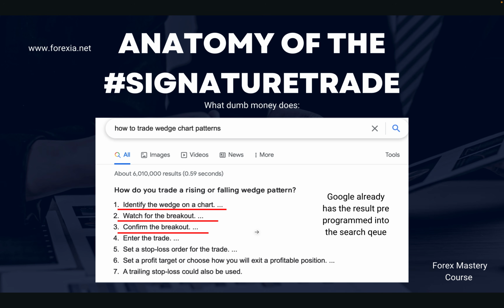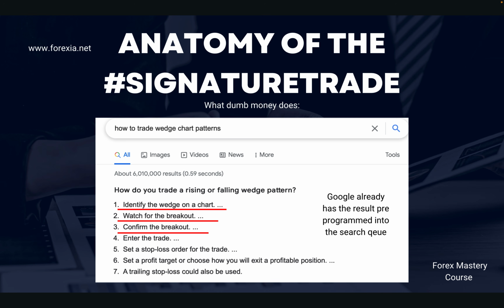So, anatomy of the signature trade. What dumb money does. How to trade wedge chart patterns. Obviously the signature trade is something that I made. However, it depends a lot on another strategy, which is the dumb money understanding of the wedge pattern or the triangle pattern, the wedge breakout pattern, whatever the masses like to call it.